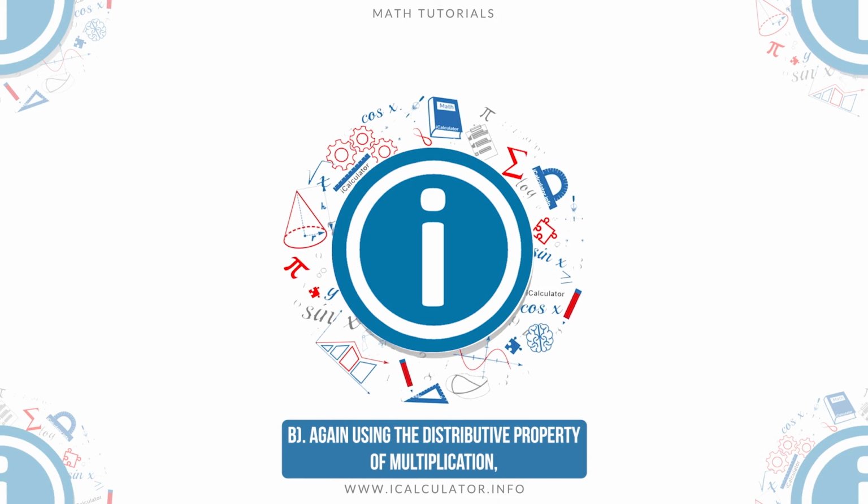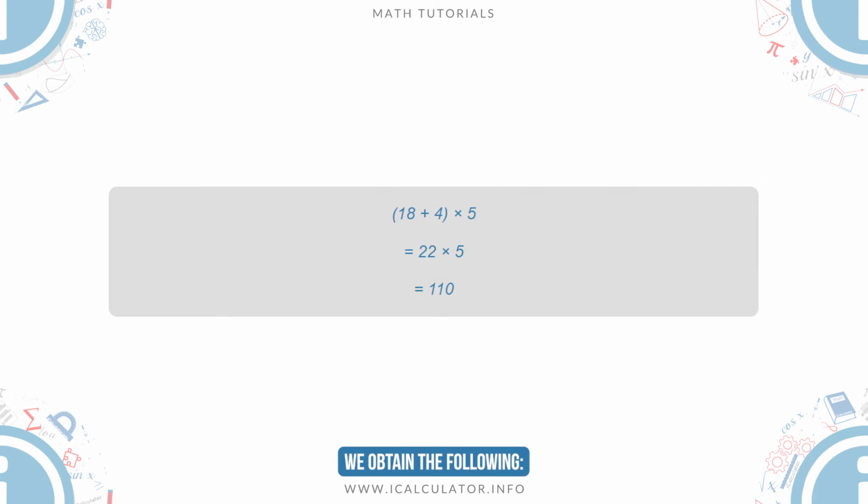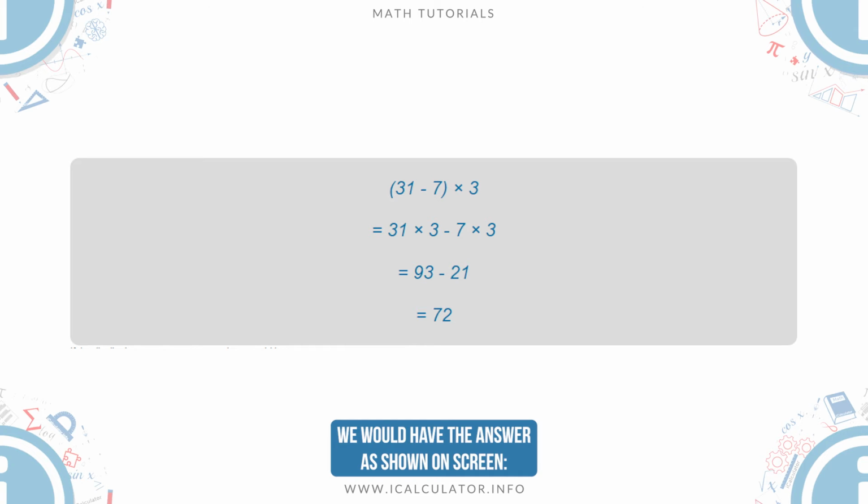B. Again using the distributive property of multiplication, we obtain the following. If the distributive property was not used, we would have the answer as shown on screen. Again, the result is the same. This fact confirms the correctness of the distributive property of multiplication.